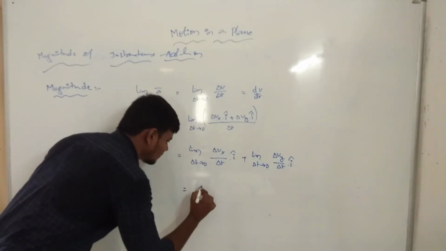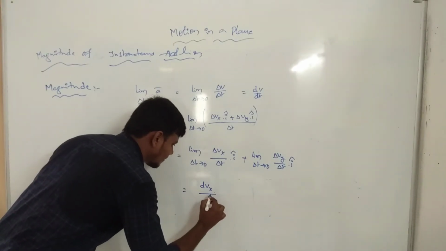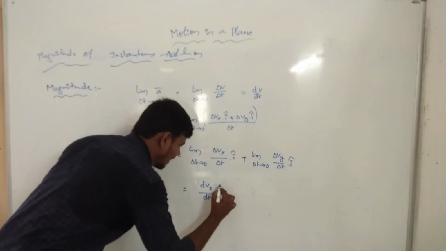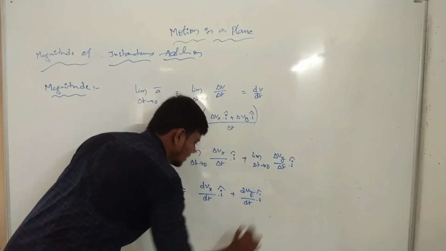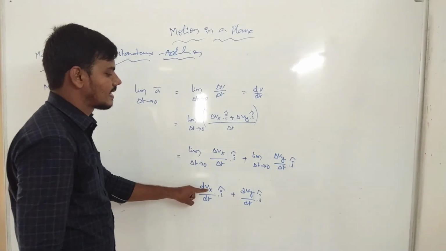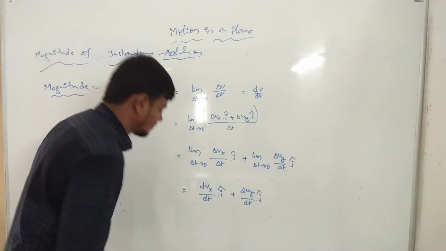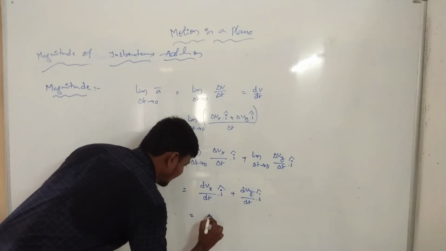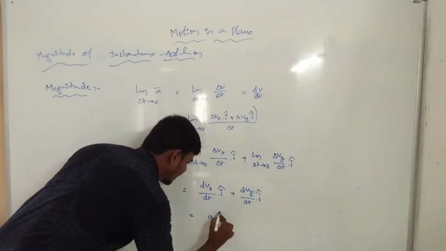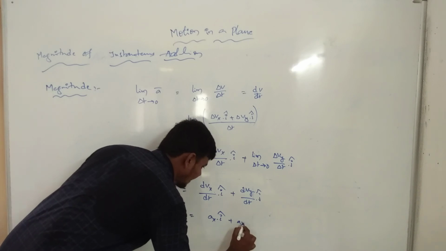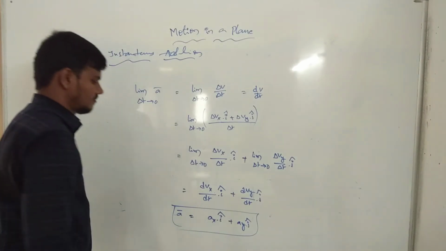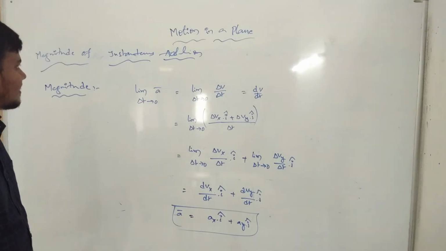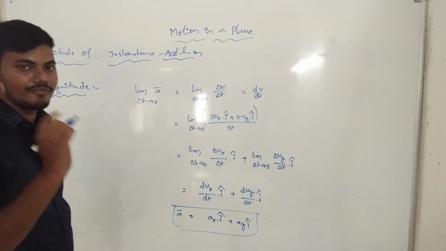So dvx by dt into i cap plus dvy by dt into j cap. Clear? The rate of change of velocity is known as acceleration. So ax into i cap plus ay into j cap is a bar. This is the instantaneous acceleration at instant of time period.